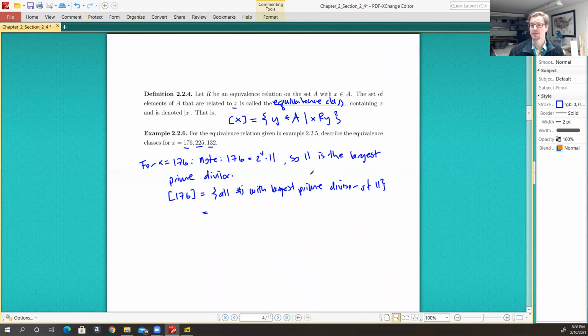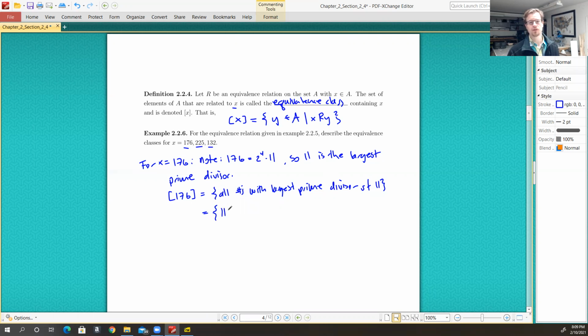This is fine. It's a great oral description. However, it's not very mathematical. It's not a very descriptive set. So let's try and use set builder notation to give a better demonstration of what numbers are in this set. Well, the first thing is that we're going to need a factor of 11.